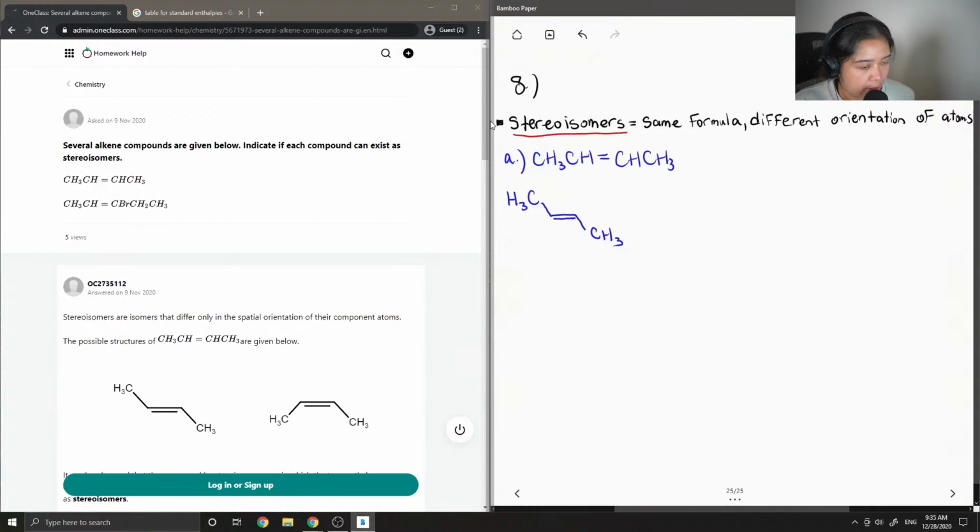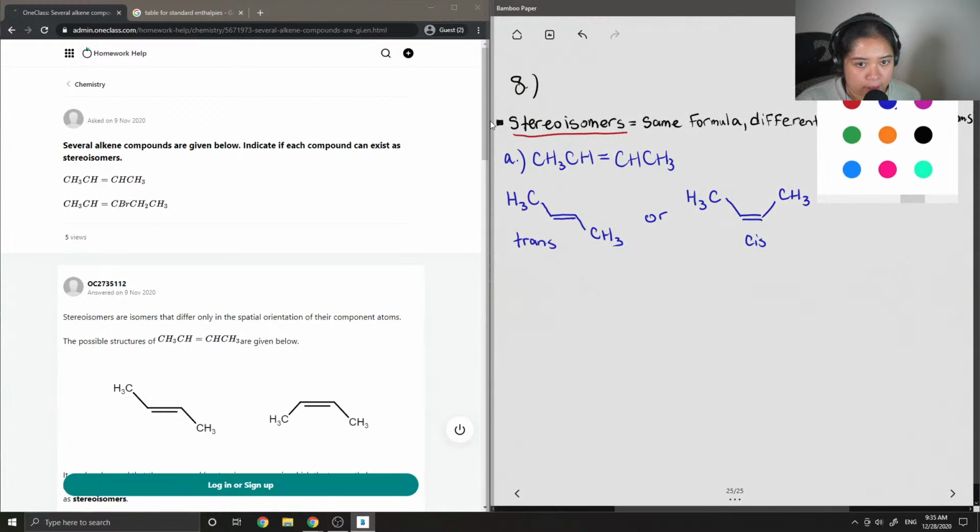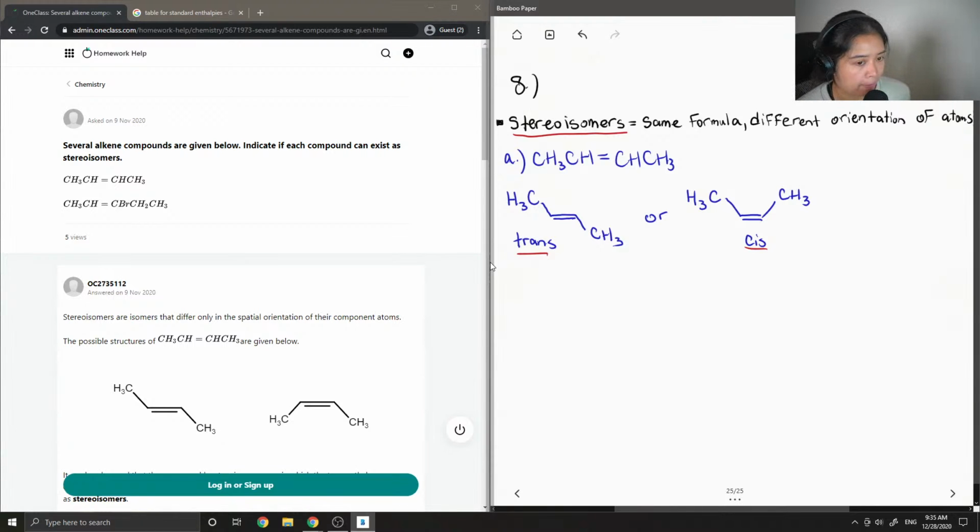So this is the trans configuration. And another way we can draw this is having the two methyl groups on the same side to form the cis configuration. Okay, so these can exist as stereoisomers.